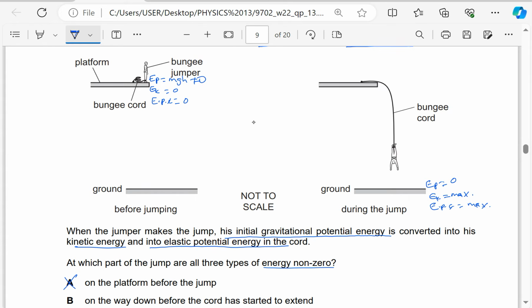Or kinetic energy decreases, I would say, it goes to 0 anyway. Because when it reaches the ground, as he loses gravitational potential energy, he will first get kinetic energy, but the kinetic energy goes on reducing because the kinetic energy is becoming elastic potential energy.